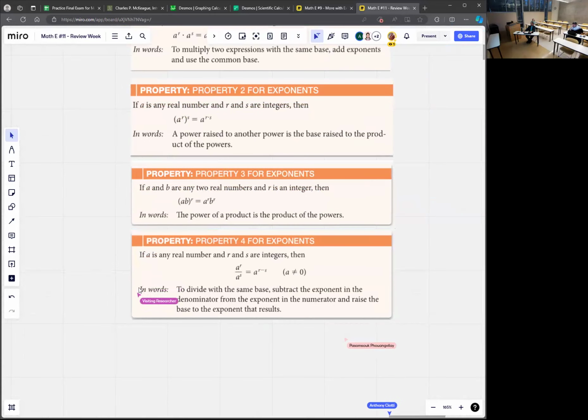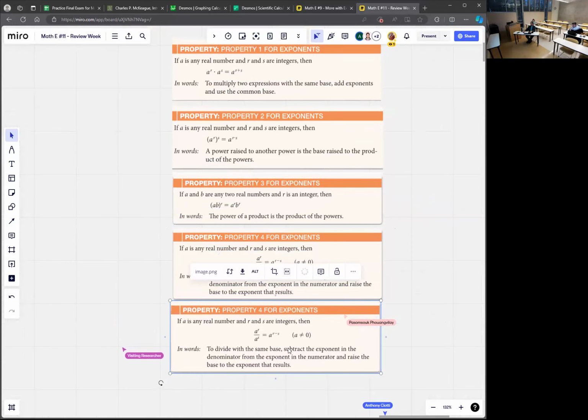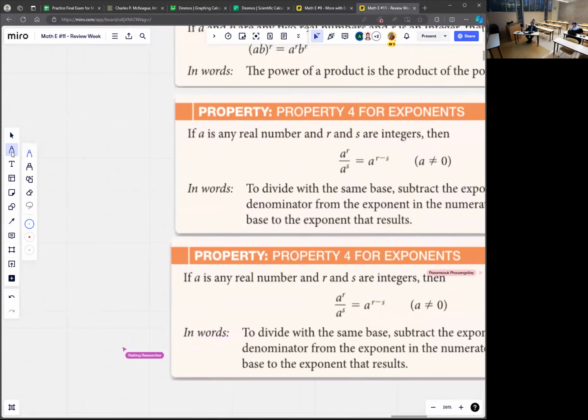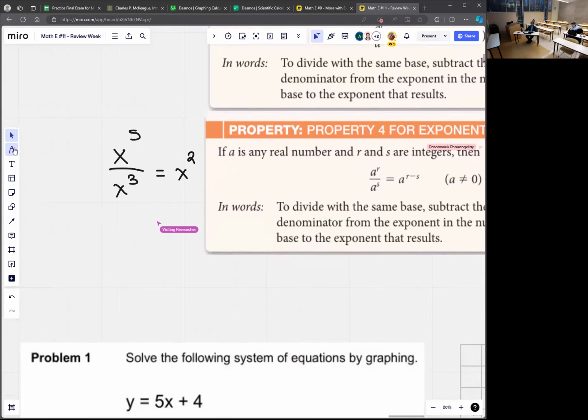So that last one, the answer would still come out as a fraction. Well, it depends on whether R or S is bigger. If we had x to the 5th over x cubed, then that's x squared, because 5 minus 3 is 2. But if we had instead x cubed over x to the 5th, now we have 1/x², because the 3 will take away from both.